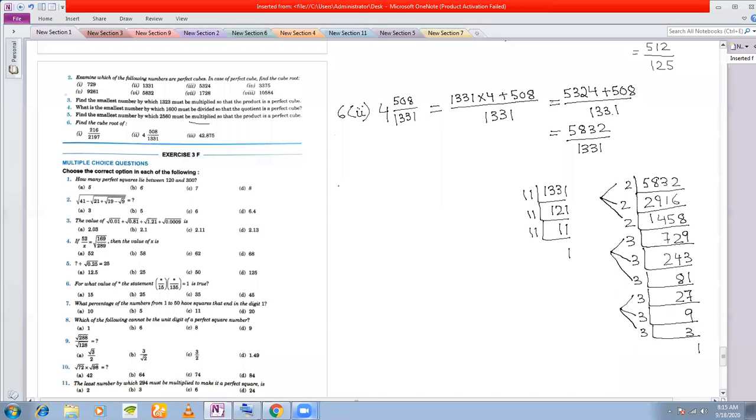So therefore, what are you getting? Therefore, 4 508 divided by 1331 is 5832 divided by 1331, which is equal to, now we have prime factorized, so we'll just put the factors in the numerator.